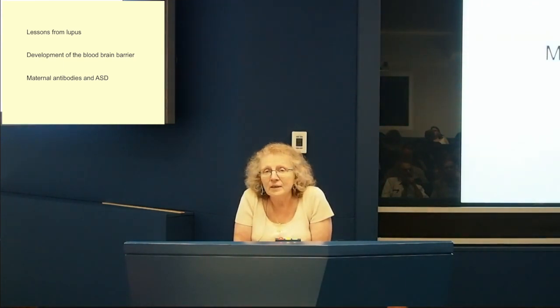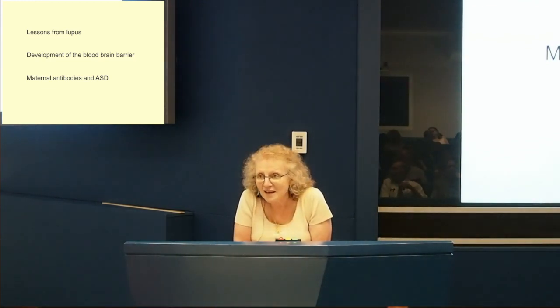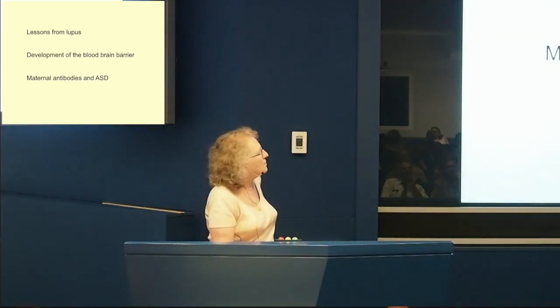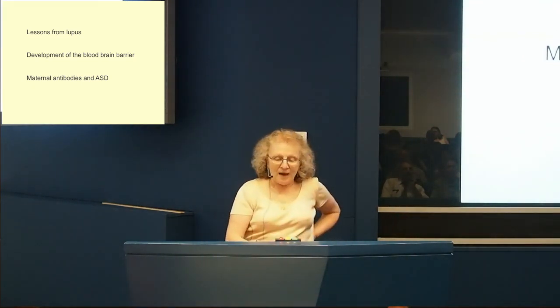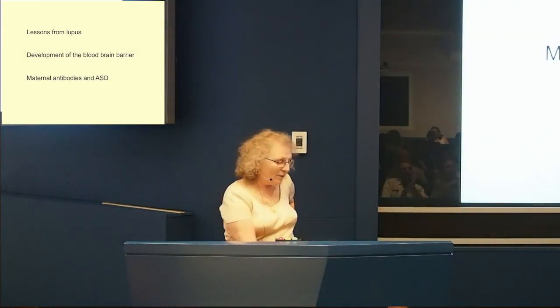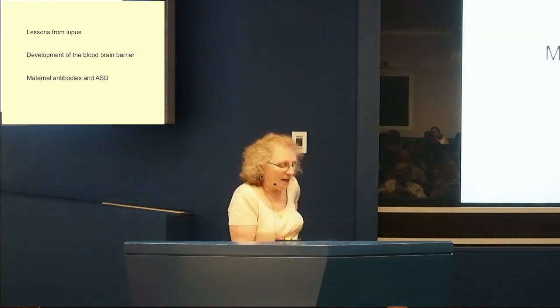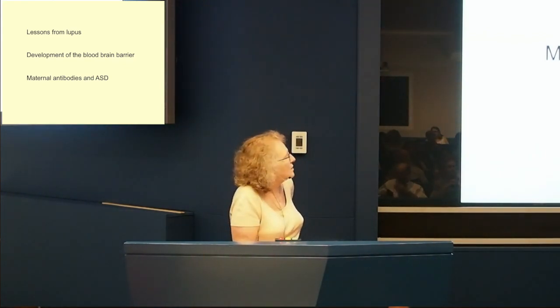Then I'll talk a little about the development of the blood-brain barrier, which normally protects us from our antibodies penetrating our brain tissue, and then what we've learned so far about maternal antibodies and autism spectrum disorder.